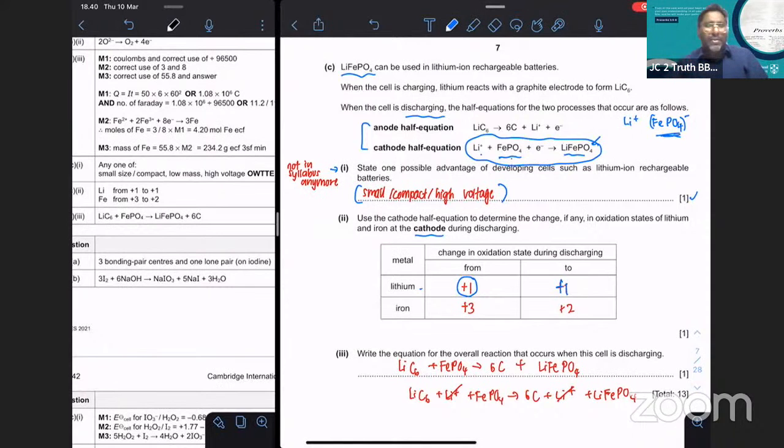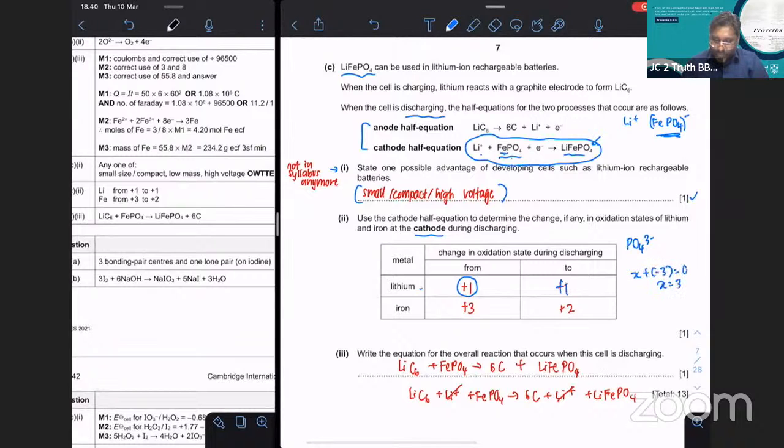And also, if you want to remember, Li is a group 1 metal, so it is always going to be Li plus. That is another way to remember. Now the next part is going to be iron. We know phosphate is always PO4 3 minus. So for iron, you can just write X plus -3 equals 0.